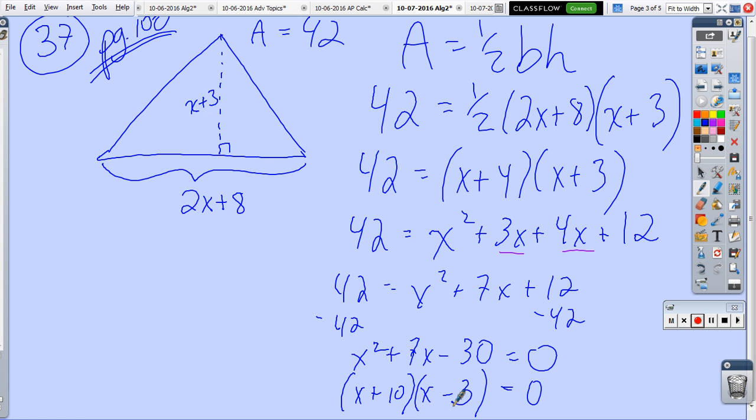So now we can say that x plus 10 could be 0, or we could say x minus 3 could be 0. So now, what would be the solution to this one? 0? You don't know the solution to this?